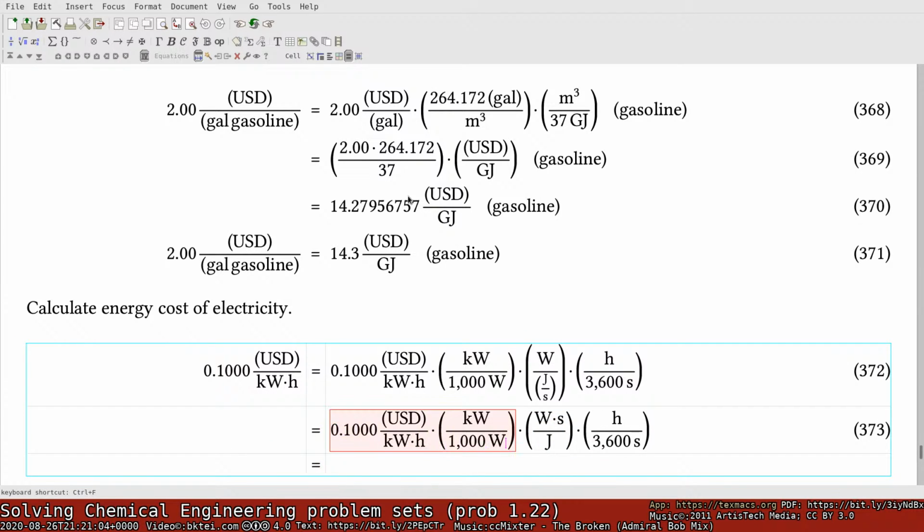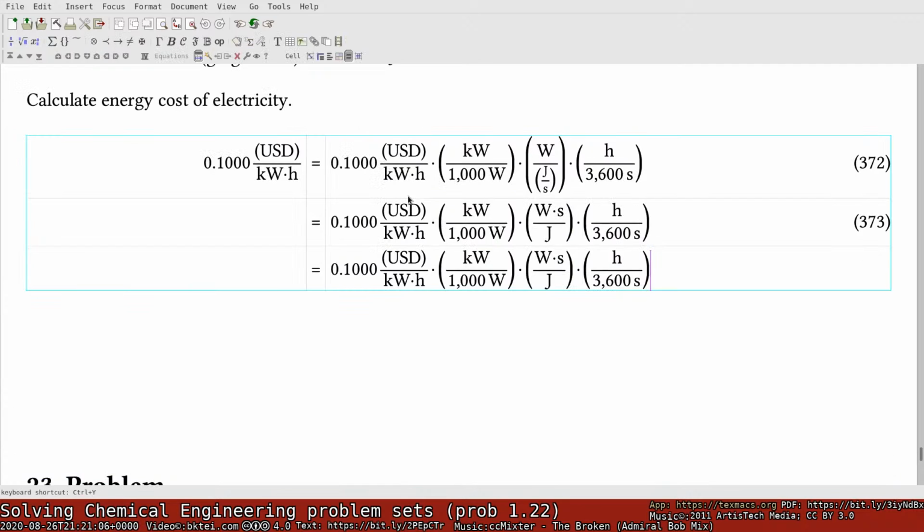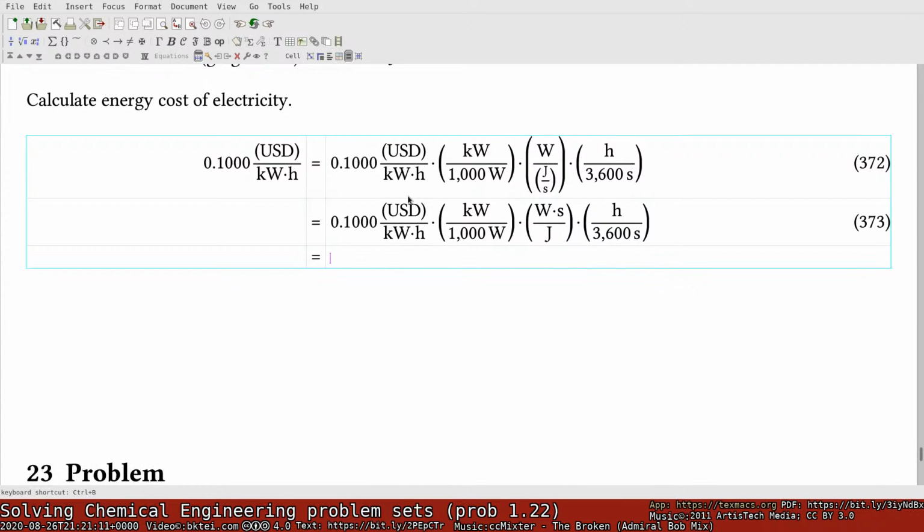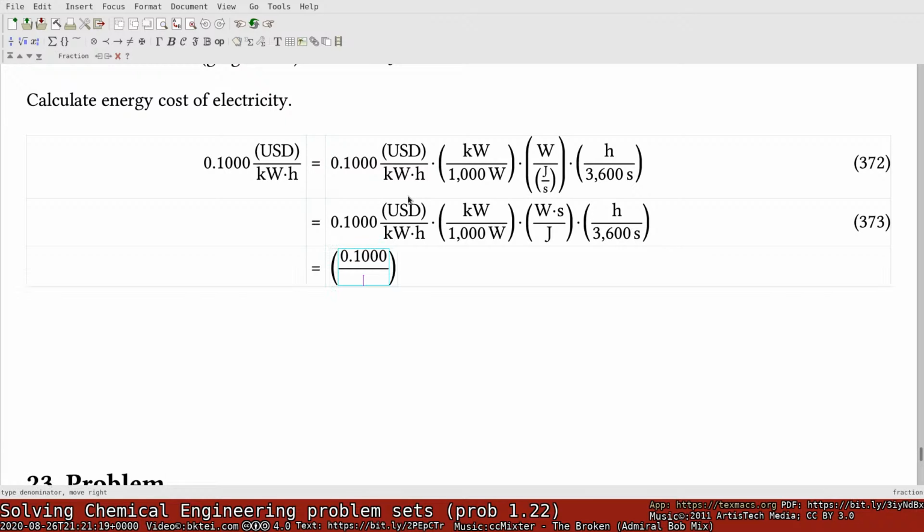Then group everything up. 0.1000 times 1,000 times 3,600.